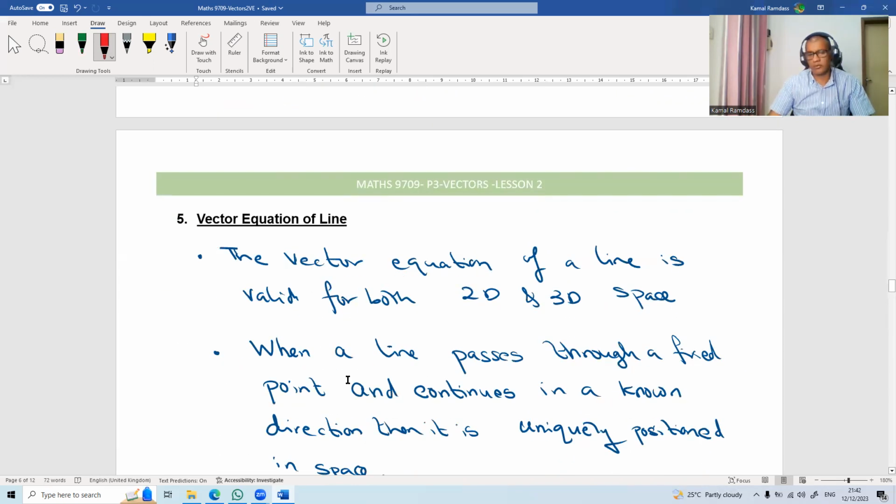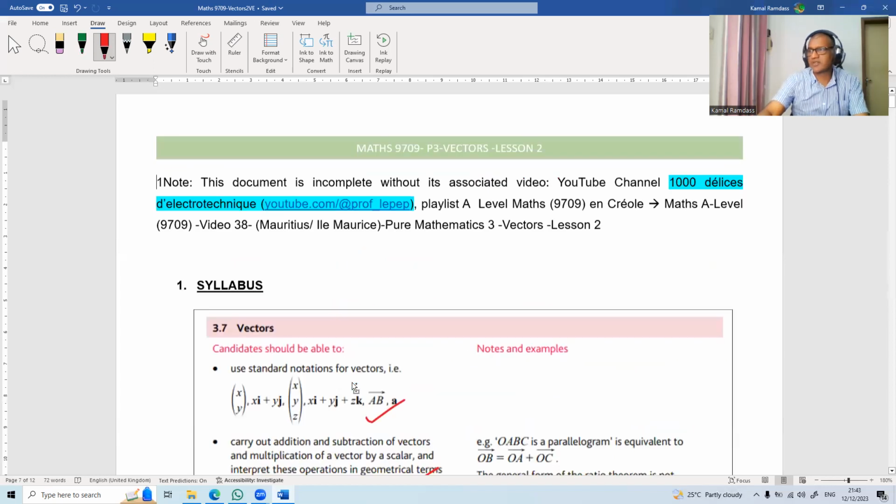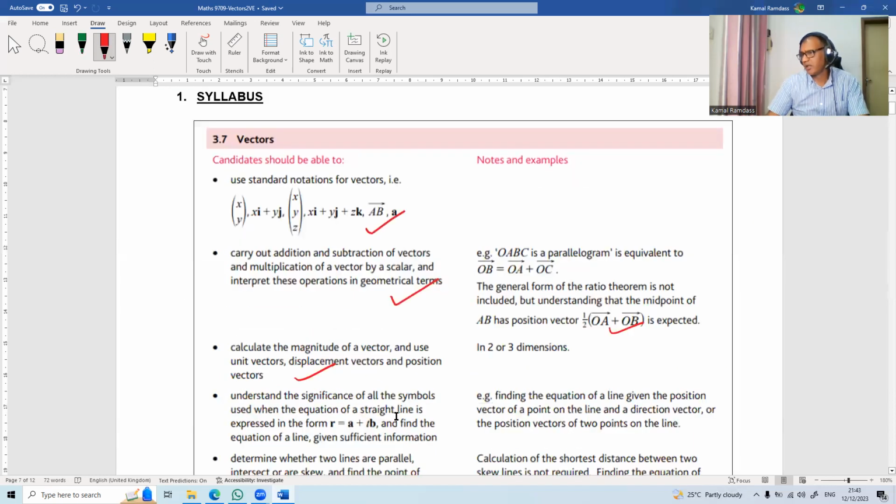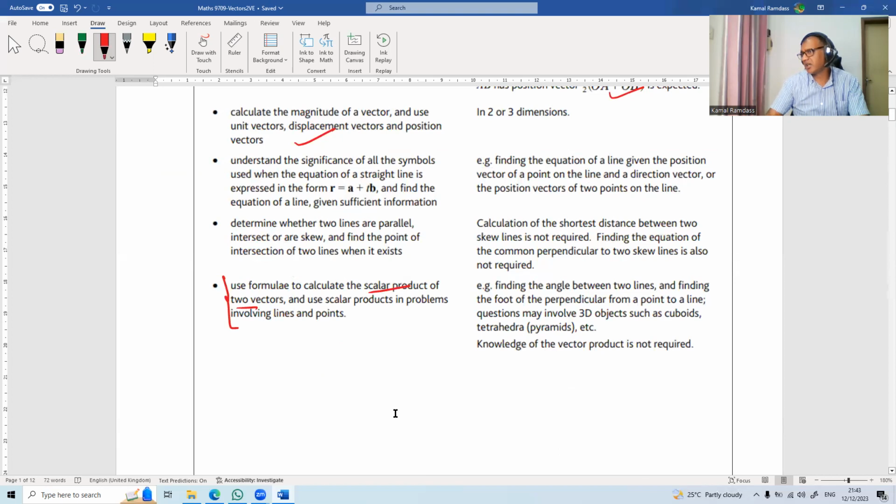Vecteur, bon, nous get le syllabus. Et le syllabus, ça veut dire, et mon fini faire the theory of scalar product, et mon fini faire toute une implication, OK?